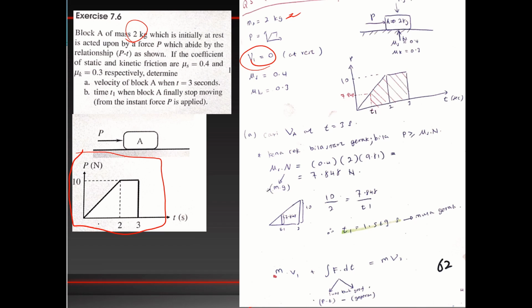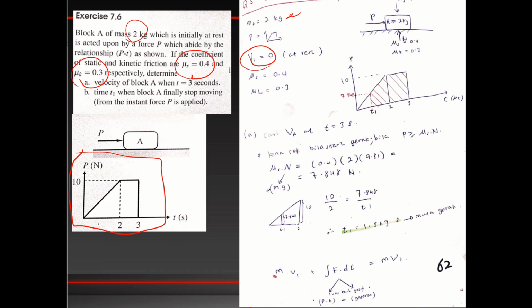The coefficients of static and kinetic friction are given: mu s is 0.4, mu k is 0.3. Normally mu s is slightly bigger than mu kinetic. Determine the velocity of block A at t equal to 3 seconds.